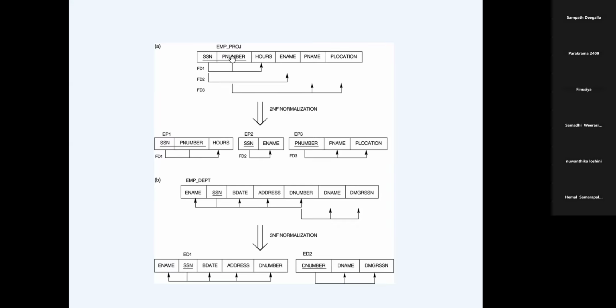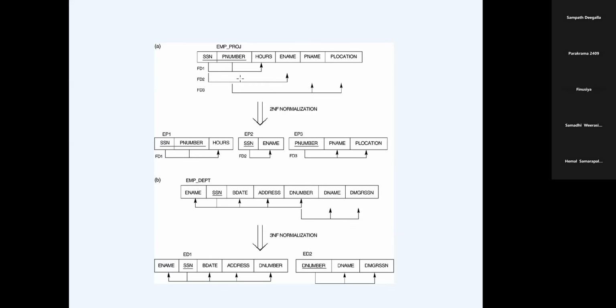That's why you see this arrow. This indicates that number of hours is dependent on both social security number and project number. But employee name only depends on the social security number. And the project name and project location depend on the project number. Now, the primary key for this relation is defined as both social security number and project number.